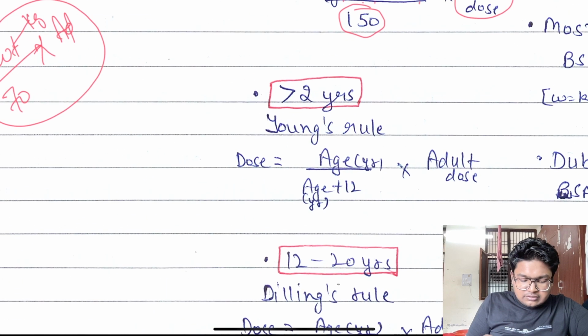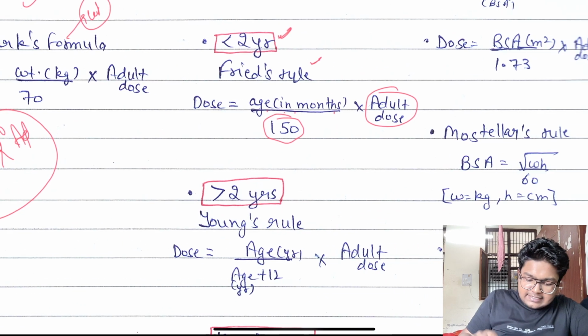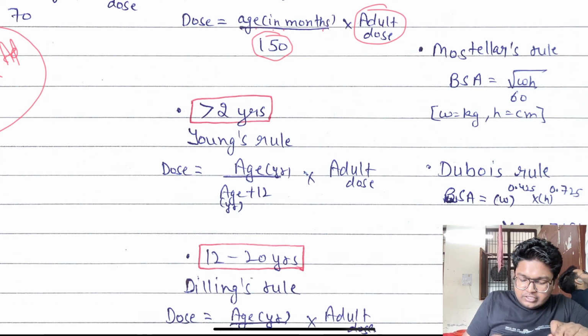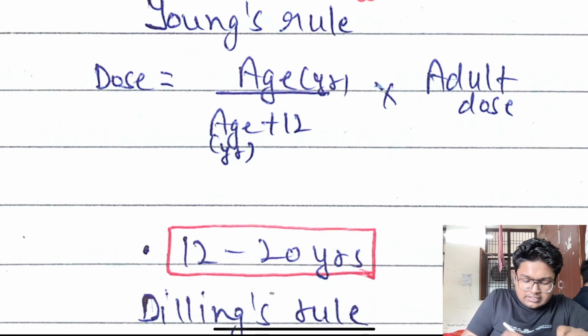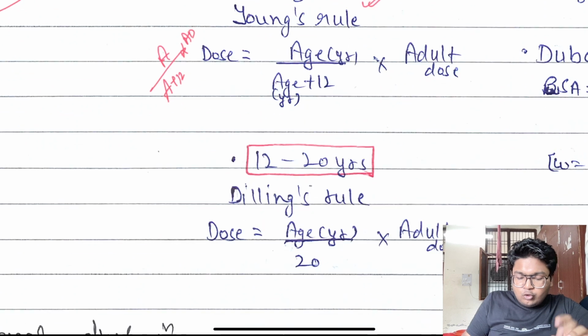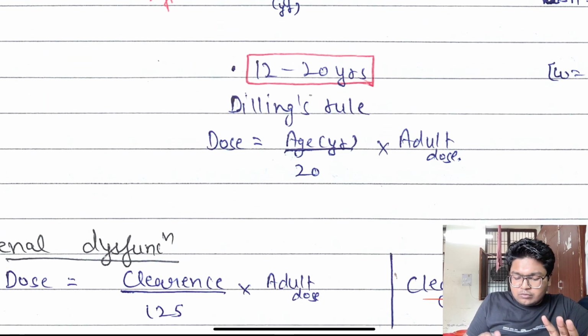For more than 2 years, Clark's formula is for weight; according to age, Freud's is for less than 2 years. More than 2 years, we have Young's rule: age upon age plus 12 into adult dose. And for 12 to 20 years, we have Dilling's formula: age upon 20 into adult dose.